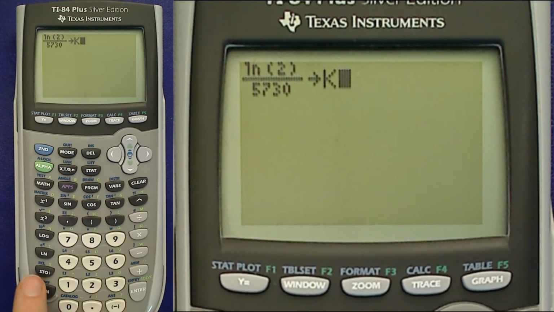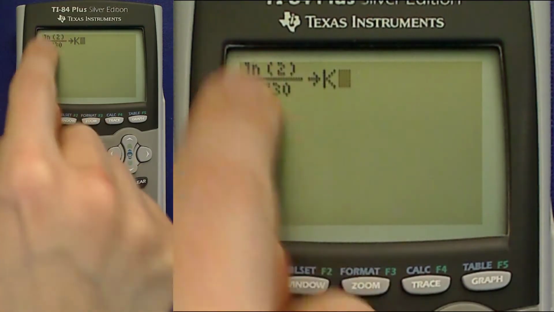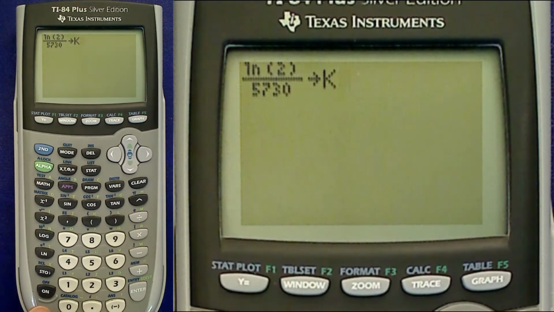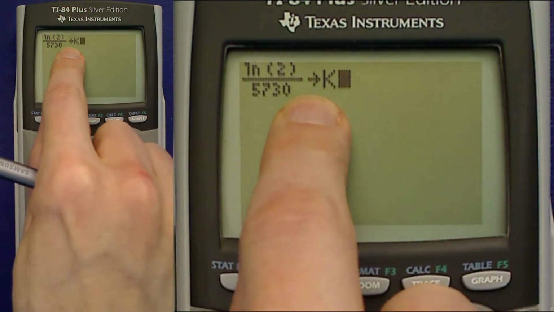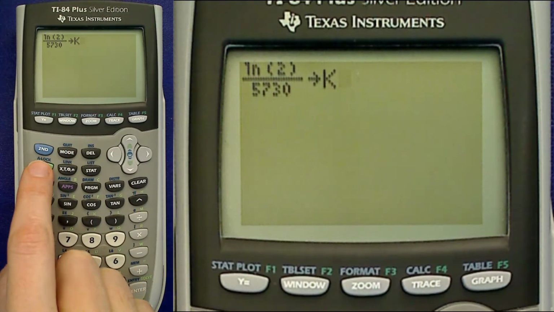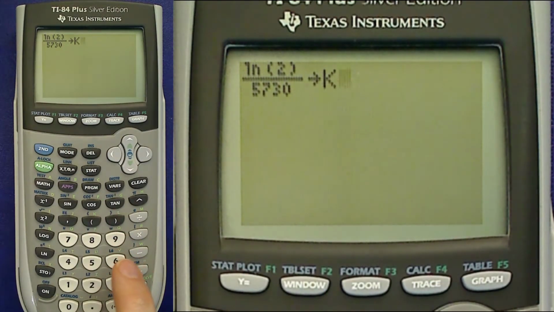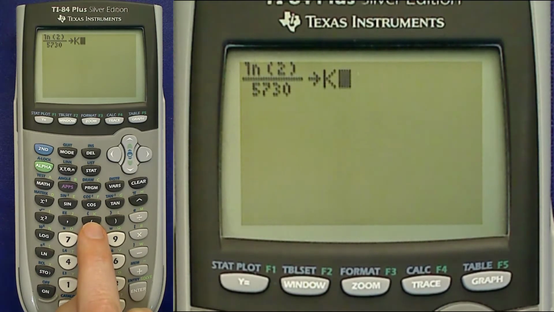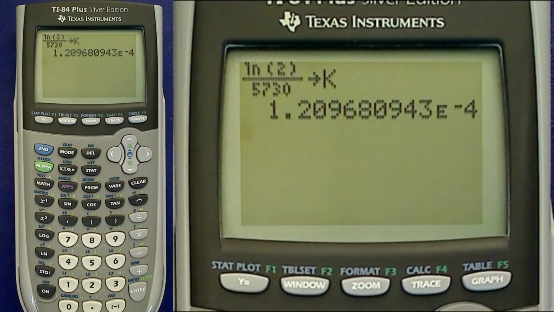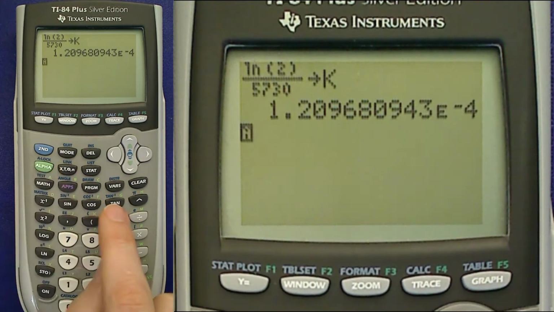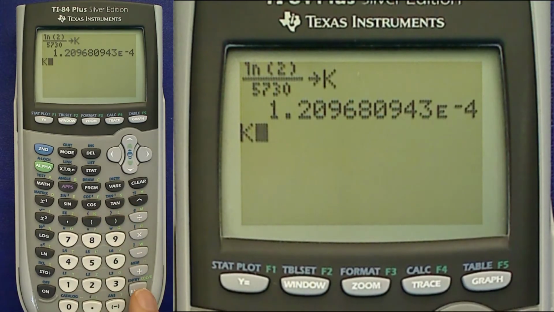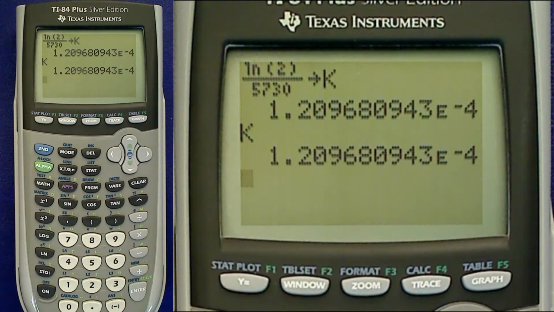So again, what I did there was I typed the calculation ln of 2 divided by 5,730. I hit the store button to create that little arrow, and then I hit the alphabet button, and then the k is right there over the parenthesis key. So when this is done, the number has been calculated and it's stored in memory k, and so for example I could get it to calculate k, just recall it from memory.